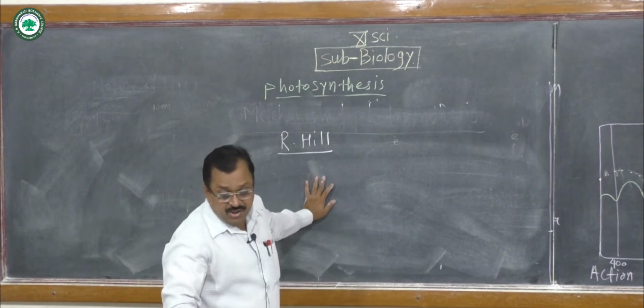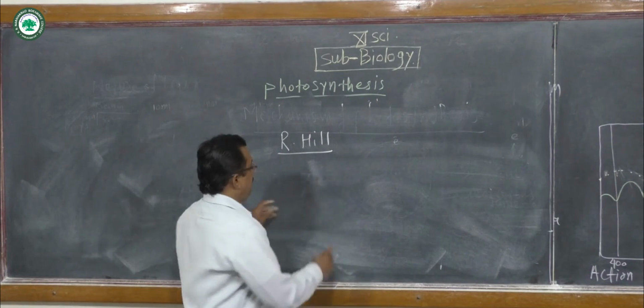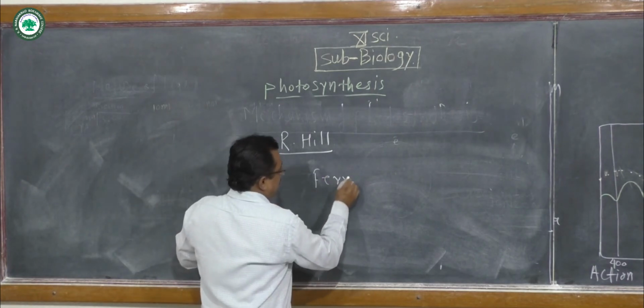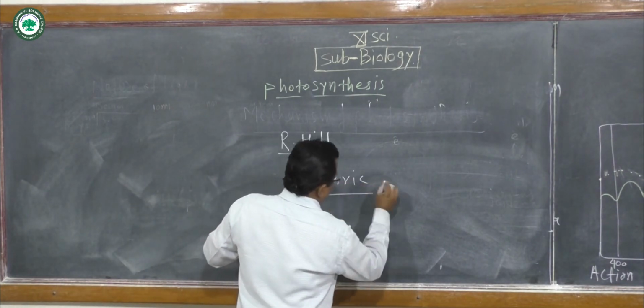That is, he used the electron acceptor ferric salt.